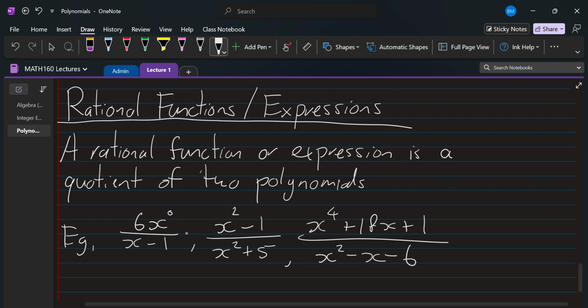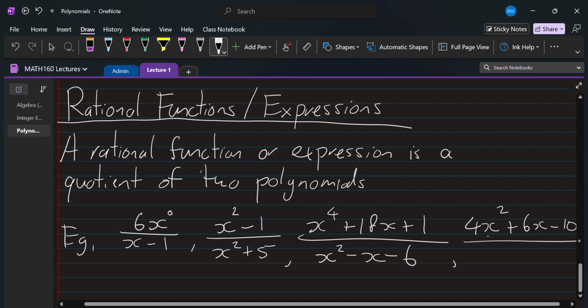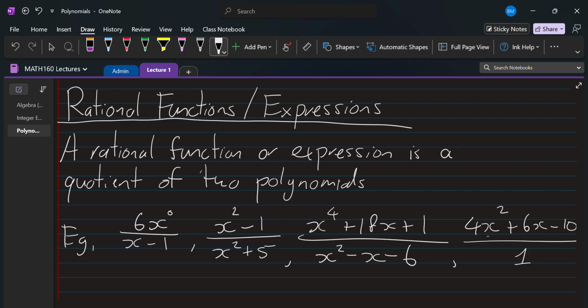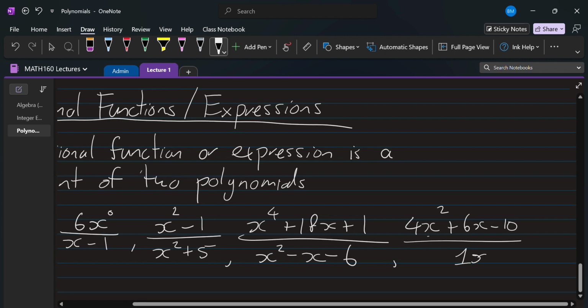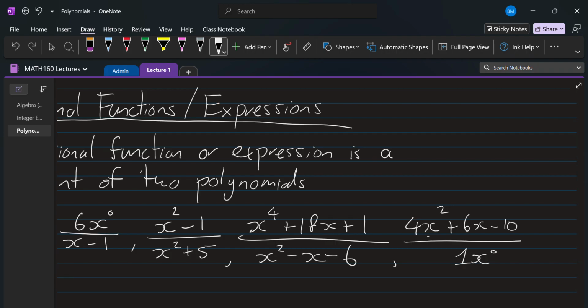So just some examples so we know what's going on. Let's say we have 6 over x minus 1, that is a rational function. The top is a polynomial. It's just a constant polynomial. We could have written this as x to the 0. 0th order polynomial is just another word for a constant. In the bottom, that is just x to the 1. Again, that's a polynomial.